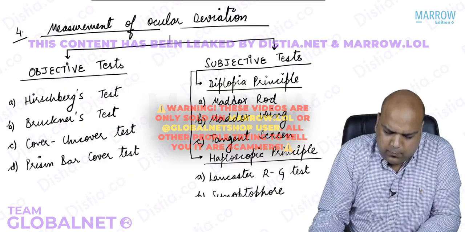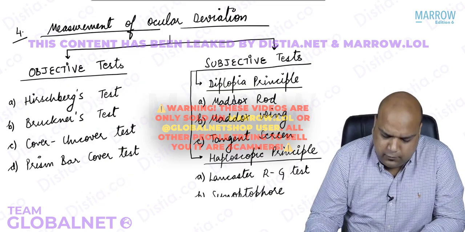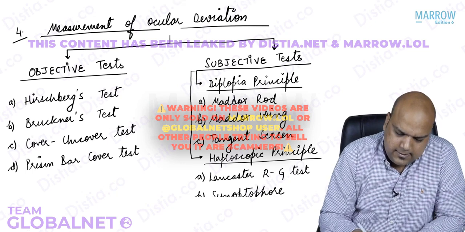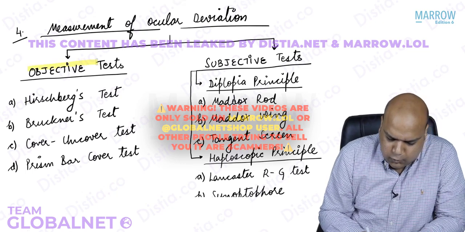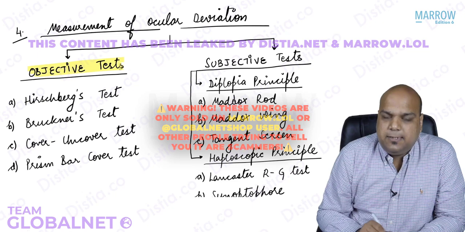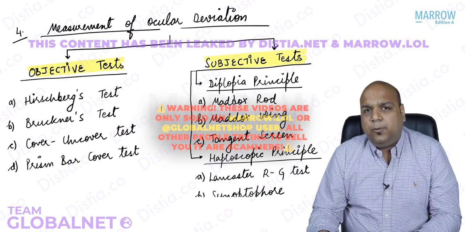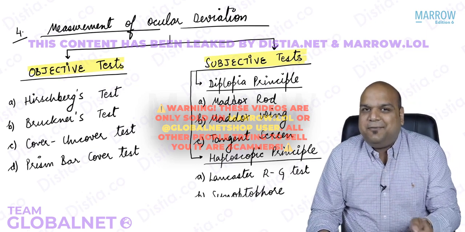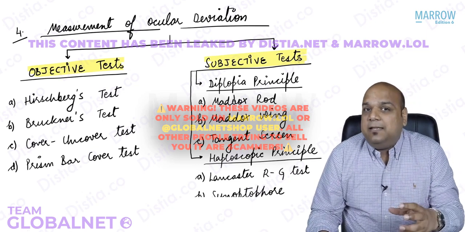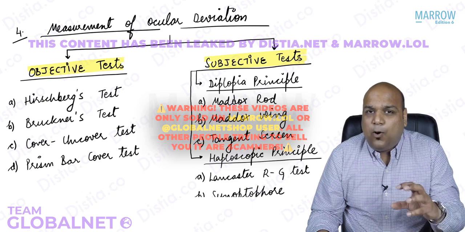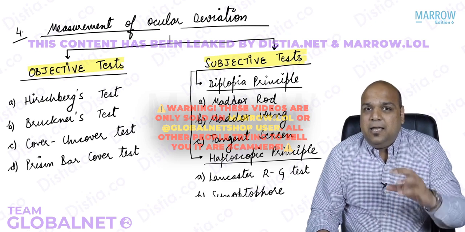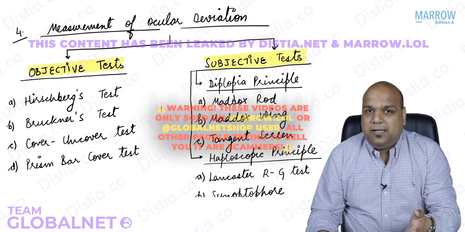Done. So group 4, measurement of ocular deviation, has a number of tests, as you can see on the screen, guys. We can divide these tests into two groups: objective tests or subjective tests. I hope you understand the difference between the two basic words, objective and subjective, guys. Objective means in which the object, everybody, is seeing the results of the test. Okay.